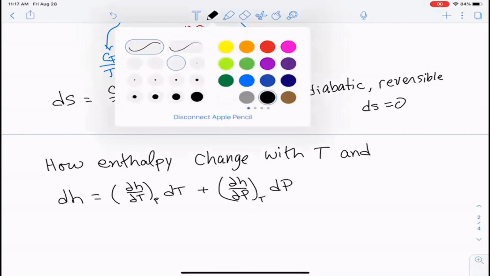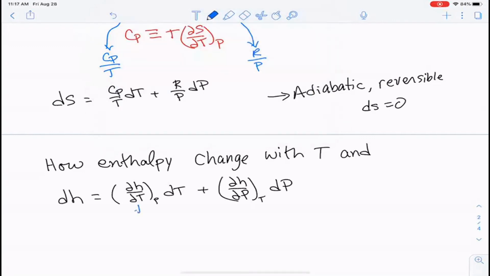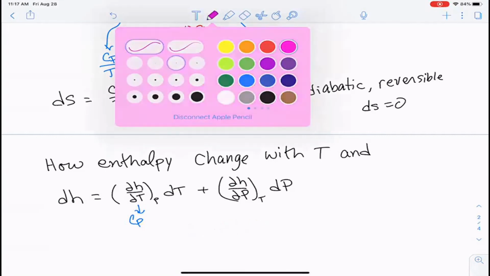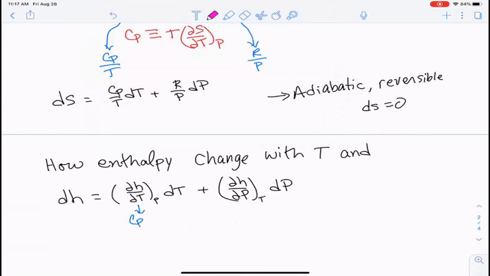And we know actually that this is the heat capacity. And you should know that because this equation is going to end up simplifying to dH just equals Cp dT. At least it does for an ideal gas, because one of the things we'll derive later on in this semester is that dH dP at constant T is actually equal to 0 for an ideal gas.